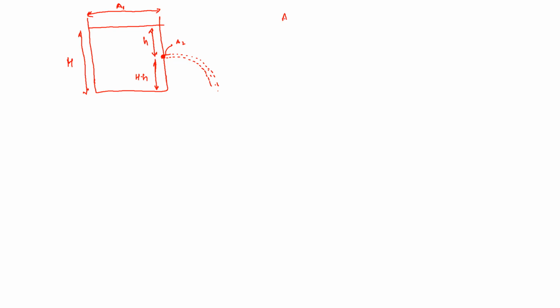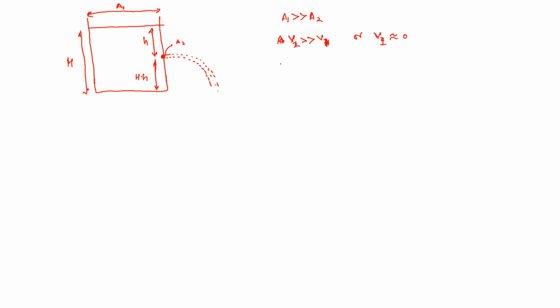You need to assume that A1 is much larger than A2. So from that you can say that V2 is much larger than V1, and then you can neglect V1.